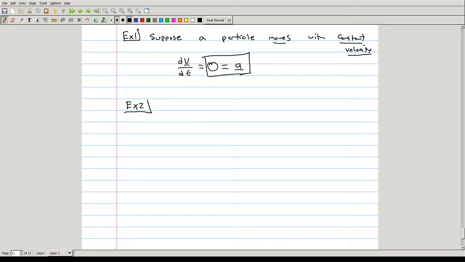So let's consider a second example. Suppose a particle moves with not a constant velocity, but a constant speed.